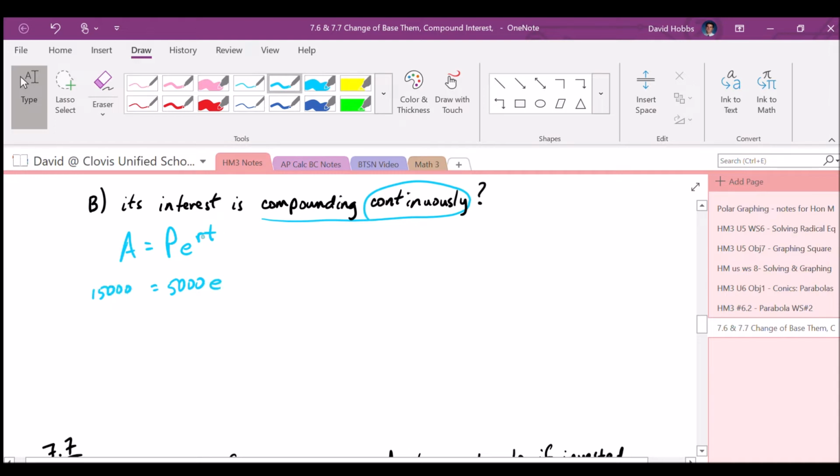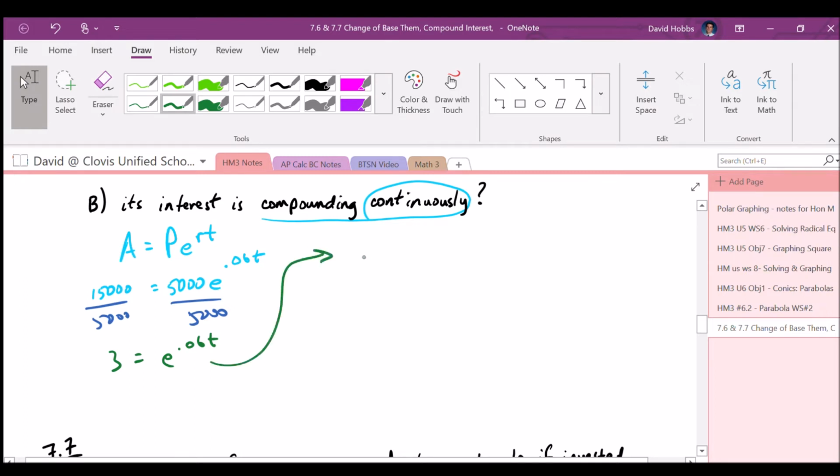The interest rate was 0.06, and we're solving for t. First thing we would want to do is divide by 5,000 on both sides, and we get 3 equals e to the 0.06t. Can we write 3 as a power of e? No, so we need logs.